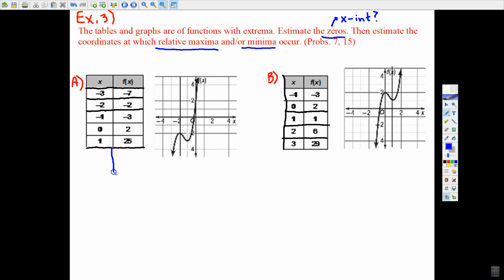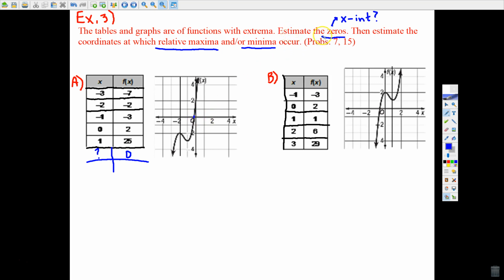If I were, a zero is where the function itself is equal to 0. If they did tell me f of x equals 0 at a particular number, then I would know exactly. But they didn't, so I'm going to have to guesstimate. The closest integer to this x-intercept right here would actually be 0.